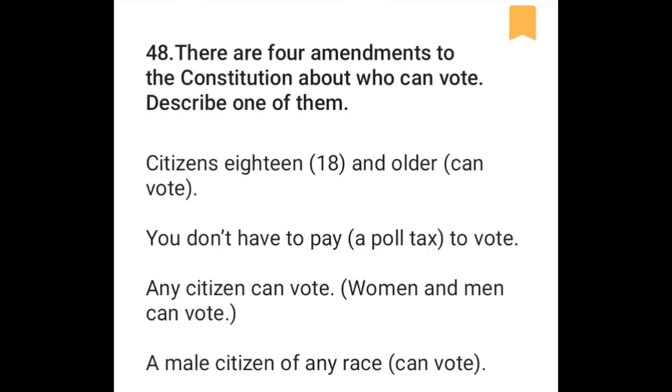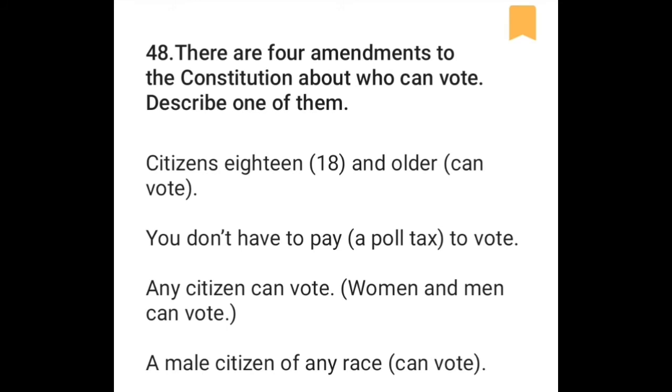There are 4 amendments to the Constitution about who can vote. Describe one of them. Citizens 18 and older can vote. You don't have to pay a poll tax to vote. Any citizen can vote. Women and men can vote.